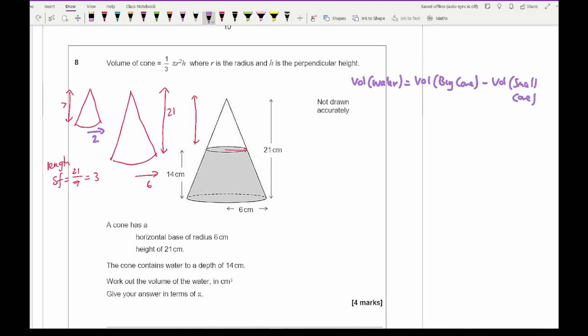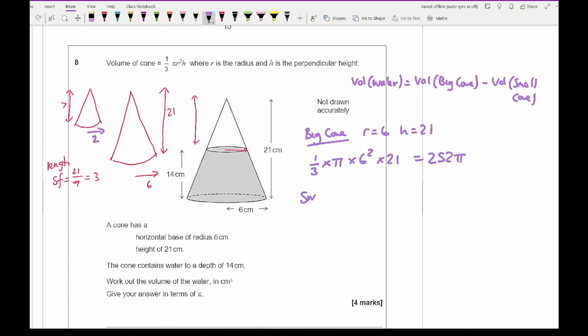Working this out, the volume of the big cone has a radius of 6 and a height of 21. Substituting those numbers in, I get 1/3 times pi times 6 squared times 21, and that gives me an answer of 252 pi.